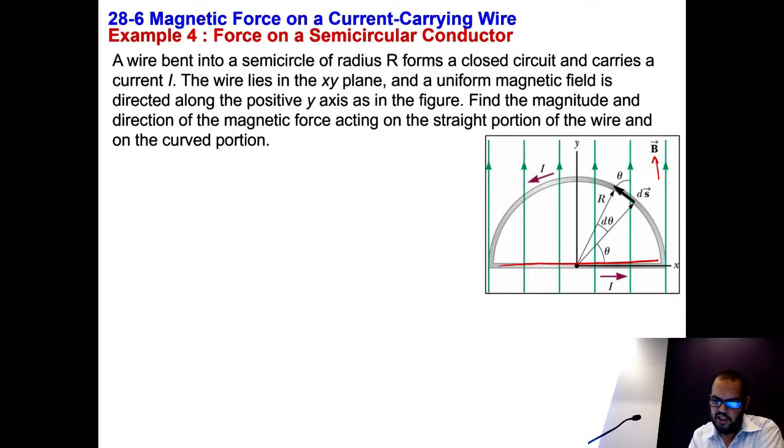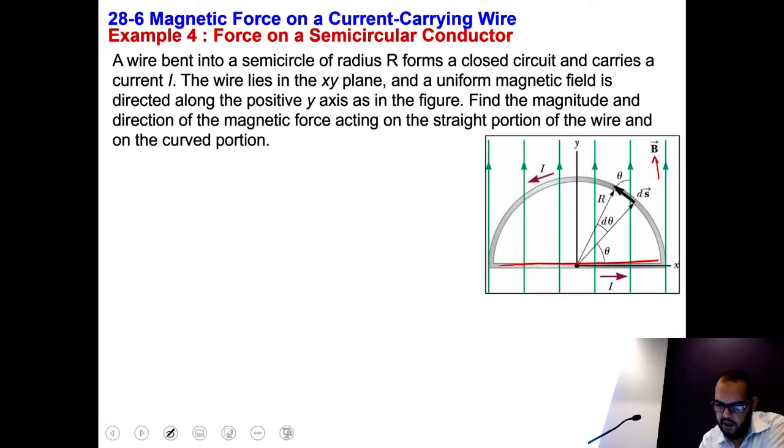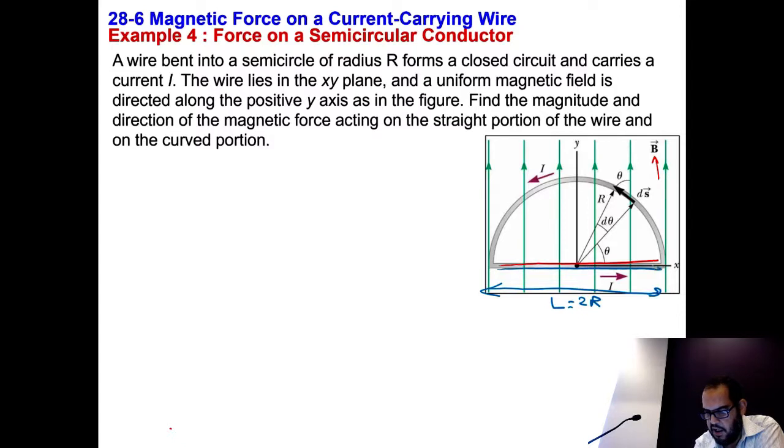So the straight portion is easy. The length in this case is 2r, so L is 2r, and this is the L vector here.